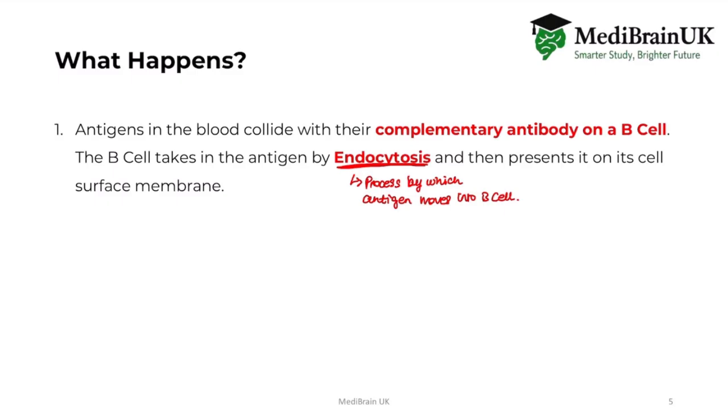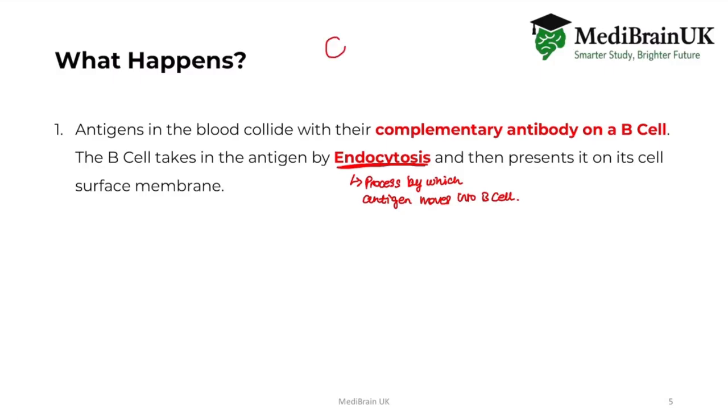So at the moment, we just have B cells floating around our body, and we also have these antigens which have come from that pathogen also floating within the body. When this B cell comes to an antigen, it will take in that antigen by endocytosis. The B cell will become an antigen presenting cell as well.